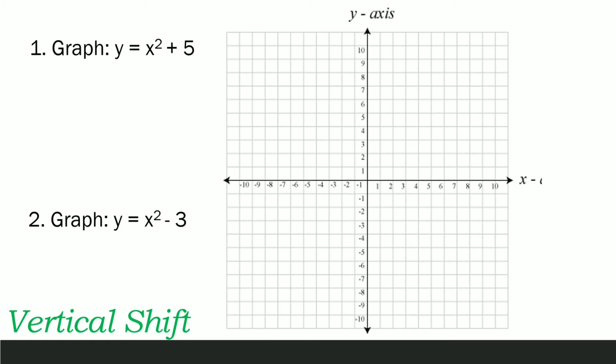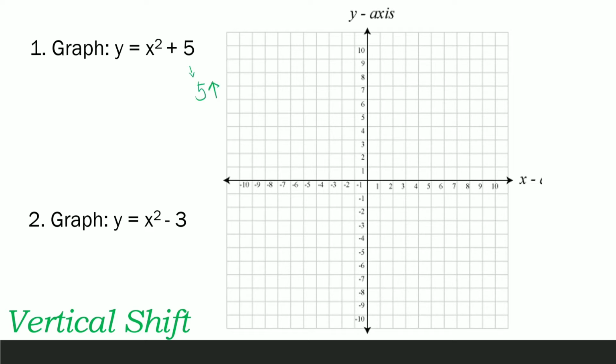So, let's try these two examples. Without assigning values to x, let us graph y equals x squared plus 5 right away. So, from what we have learned kanina, when we add a constant, it will affect y equals x squared graph. It will shift 5 units upward. Okay? So, the plus 5 there means 5 units upward.